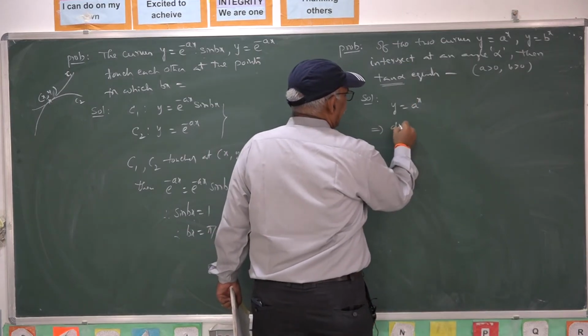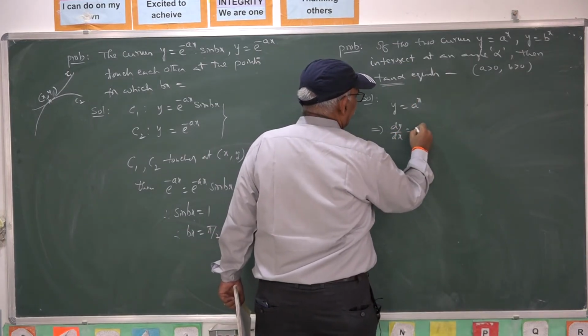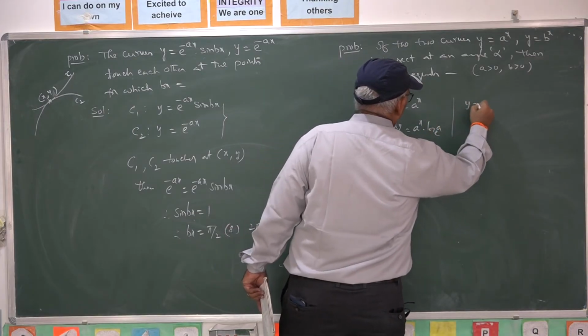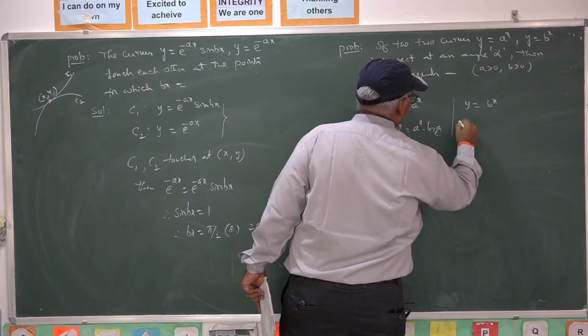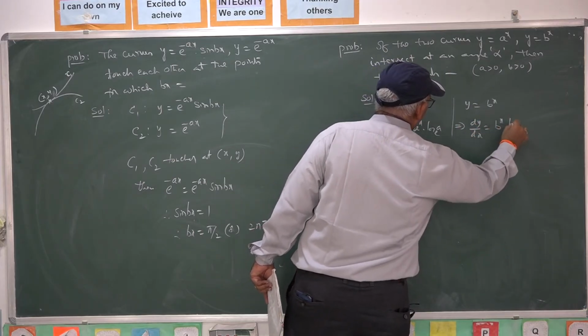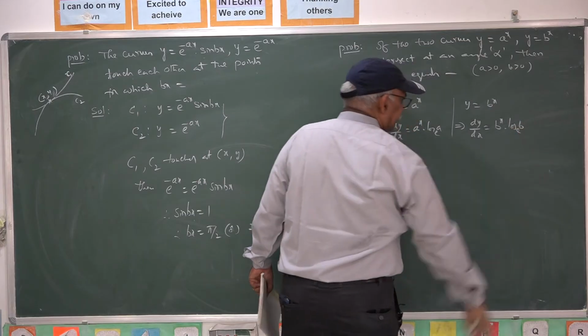So dy by dx is a power x log a to the base e. Similarly, y equal to b power x implies dy by dx is b power x log b.